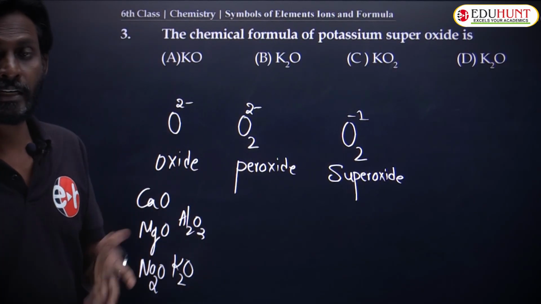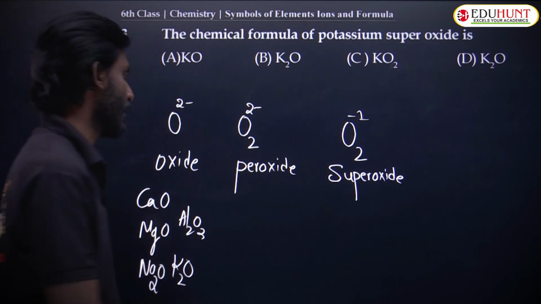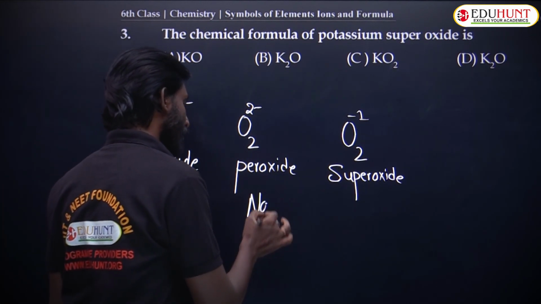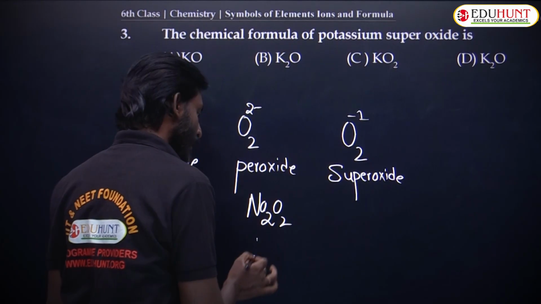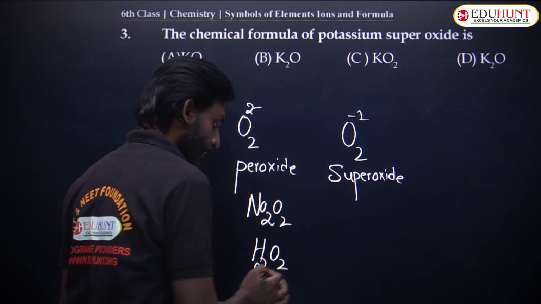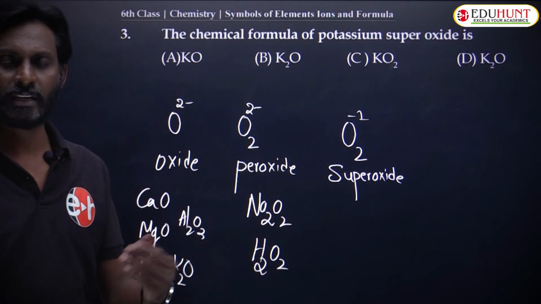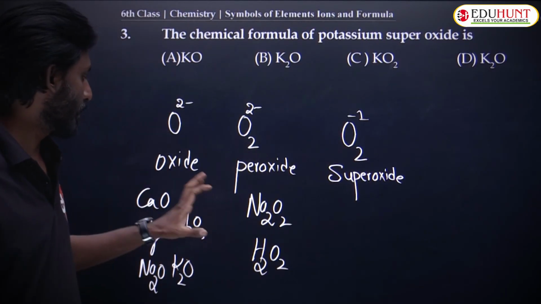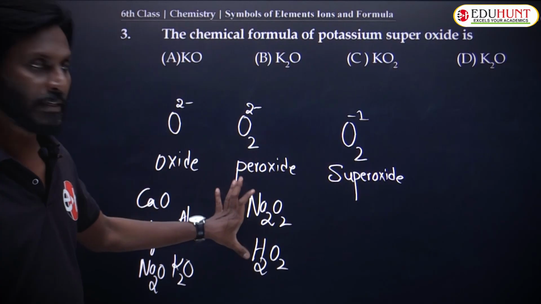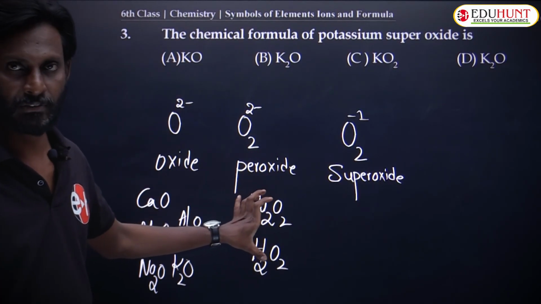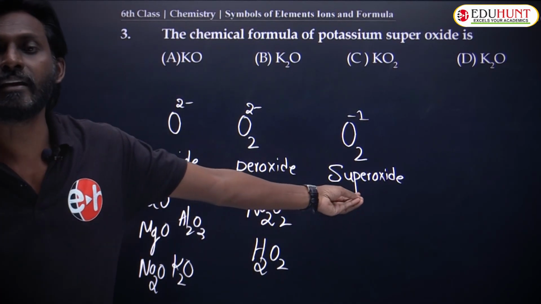Some examples where it exists as a peroxide: sodium peroxide, hydrogen peroxide, a famous antiseptic, barium peroxide, like that, so many examples. Okay, but compared to oxides you will find fewer examples. That is very rare.